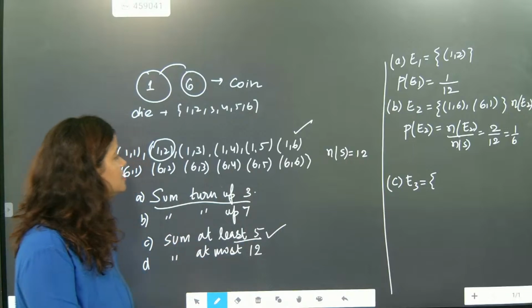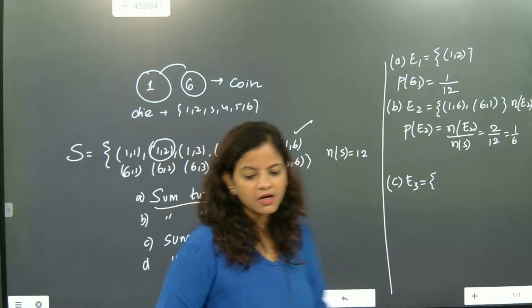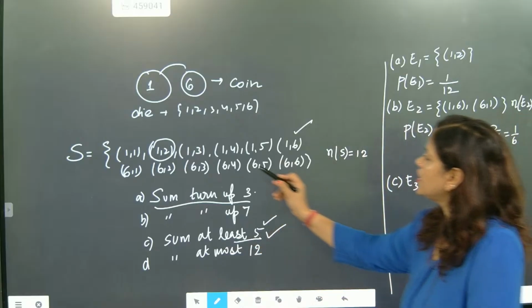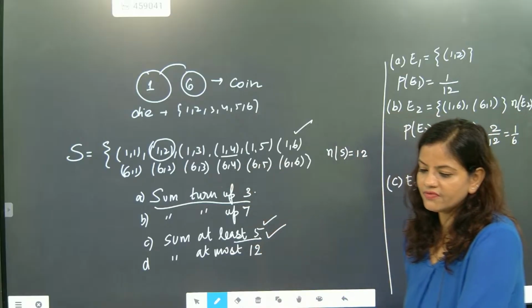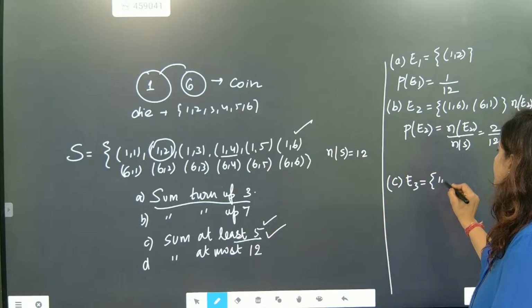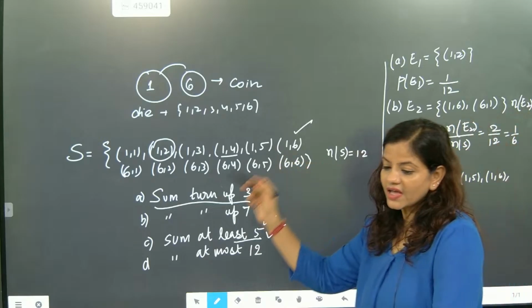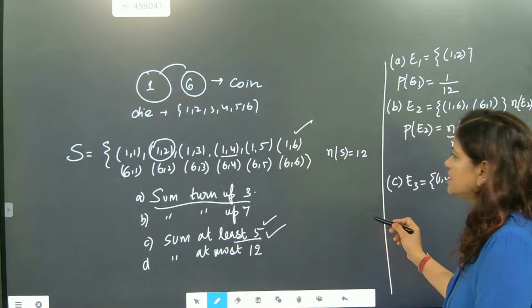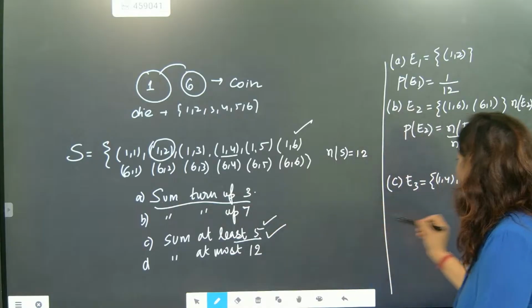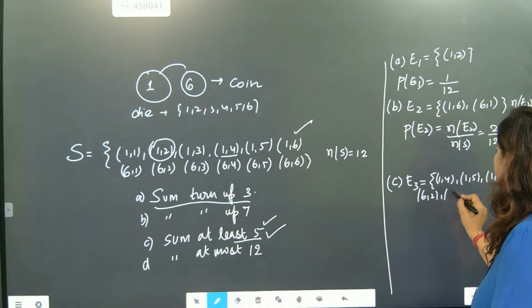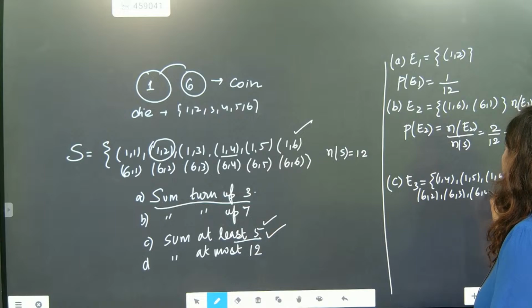Payoja has given the answer 3 by 4. Let's check. At least 5 means 5 and more than 5. Here 1 comma 4 gives 5, then 1 comma 5 gives 6, and 1 comma 6 gives 7. So that means 5 and more than 5, so these 3 are coming. Then all of these are greater: 6 comma 1, 6 comma 2, 6 comma 3, 6 comma 4, 6 comma 5 and 6 comma 6.